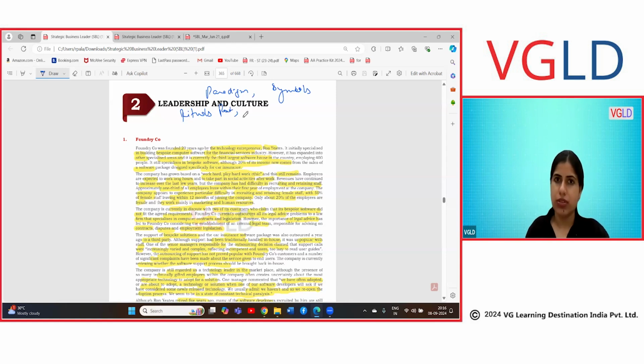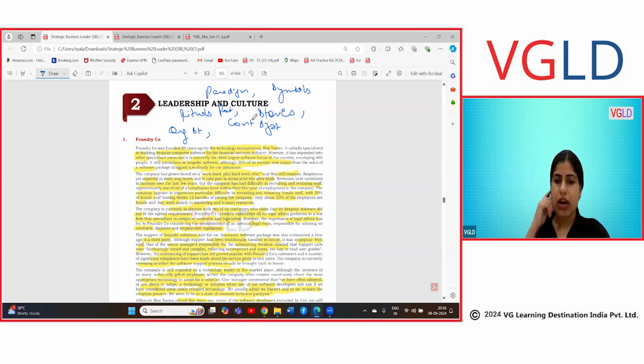I'm just writing the short forms: stories, organizational structure, control system. So these were part of my 1, 2, 3, 4, 5.